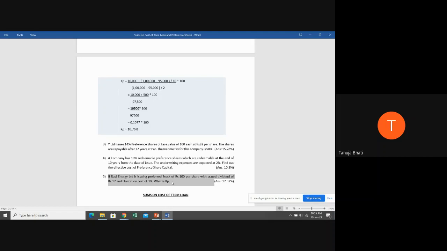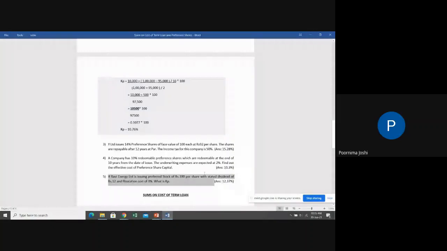Since no information about redemption is given, no specified period for which the preference shares are issued, we can easily come to know that it is irredeemable preference shares. Is it clear? Yes, ma'am.